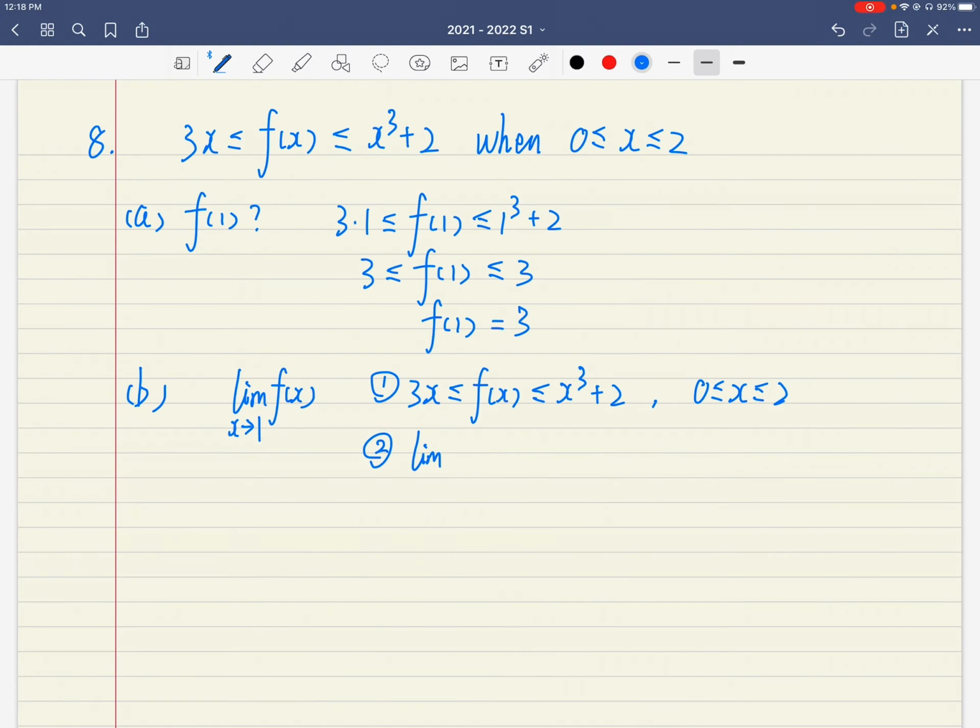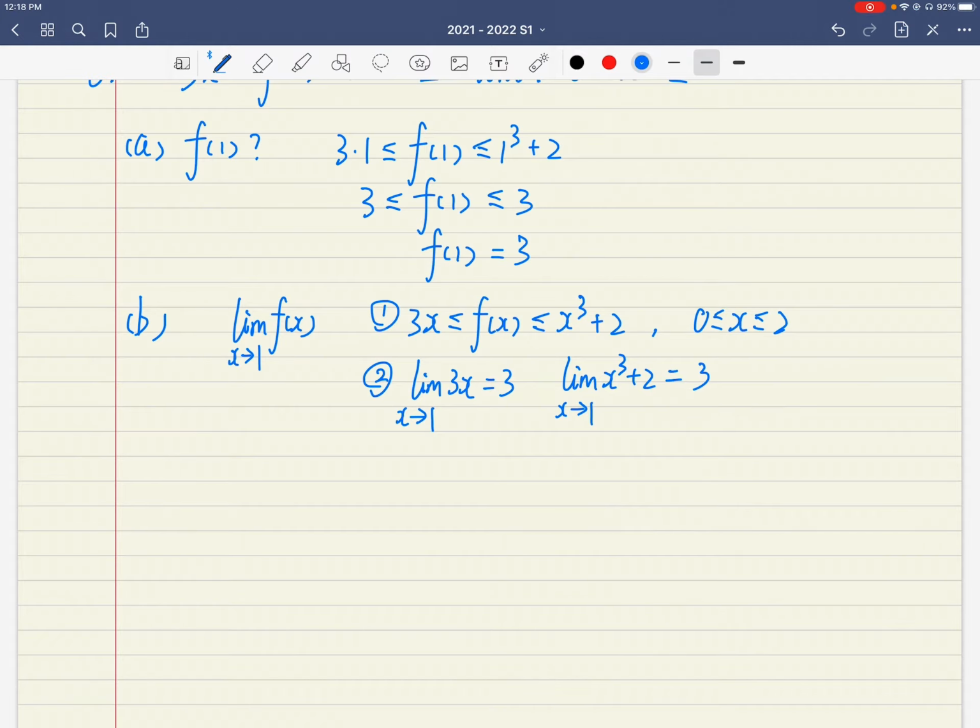The second condition is that both the limit of the left function and the limit of the right function exist and are equal. The limit of the left function is very easy. The limit of 3x is just 3. And the limit of the right function, x cubed plus 2, is also very easy. Just do the substitution. It's also 3. So the limit of the left is equal to the limit of the right.